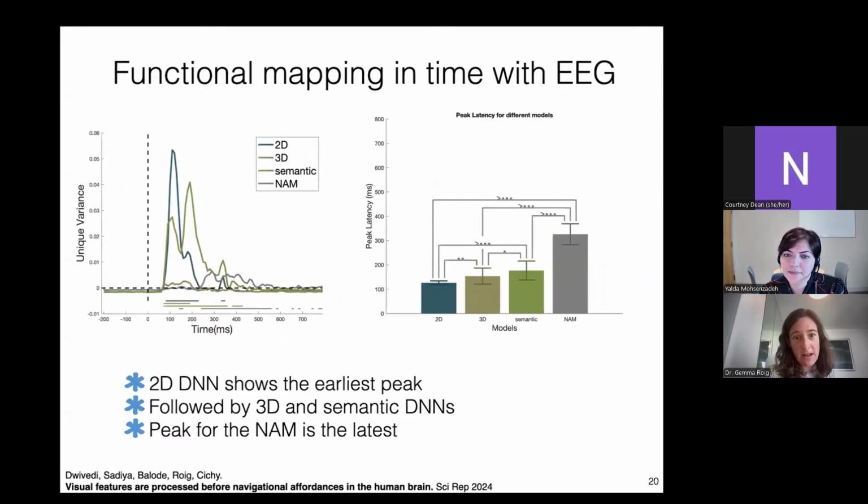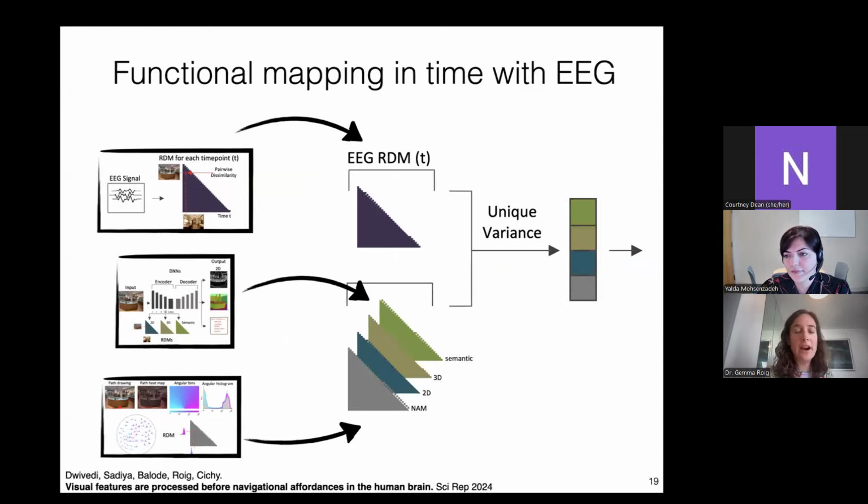I didn't explain it here, but the unique variance is very similar to the RSA, but instead of just taking an absolute value of how well the RDM of a particular model correlates with the RDM of the brain data, in the unique variance you regress out the contributions of the other models that you are comparing to, so you can obtain the unique variance.